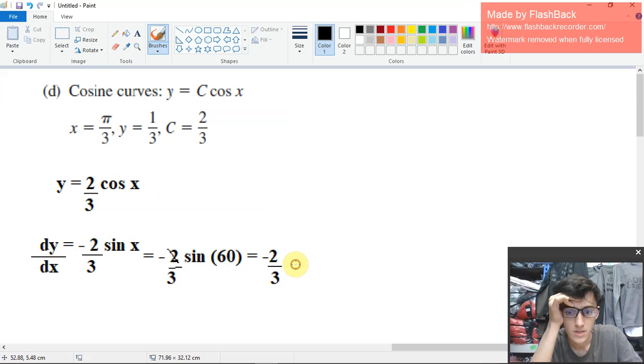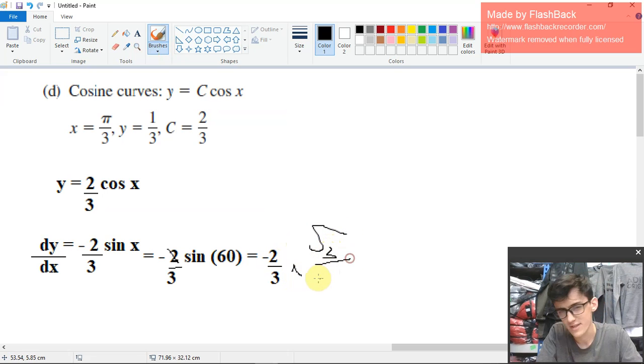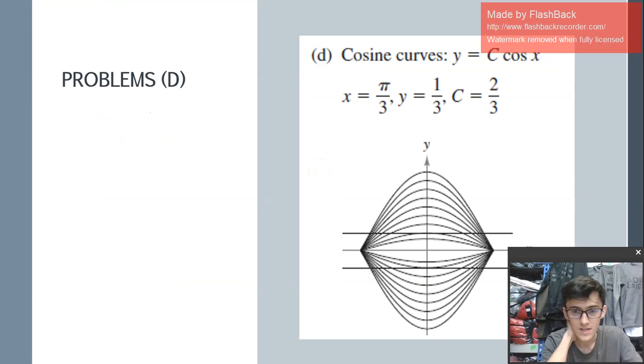Okay, let me write it. We have minus 3 multiplied by square root of 3 divided by 2. And then square root of 3 over 3 is our final answer to that problem.